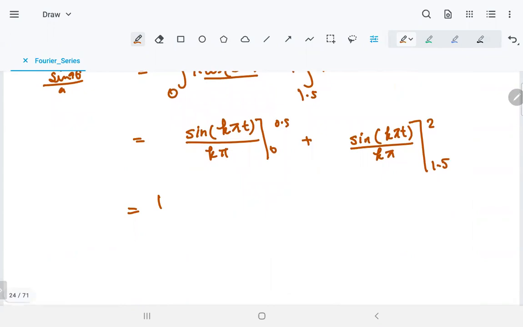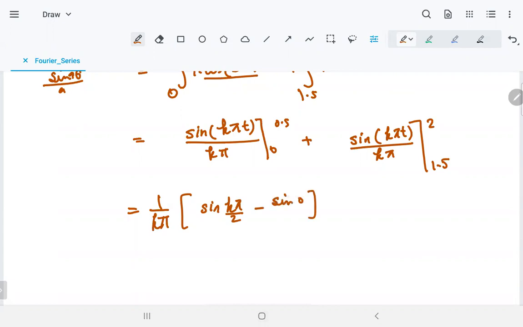Now I will take 1 over k pi as a common factor. And then I will do 1 by 1. Sine k pi t, with t equal to 0.5. I put t, by the way, t equal to a half. So I have sine k pi over 2 minus sine 0.